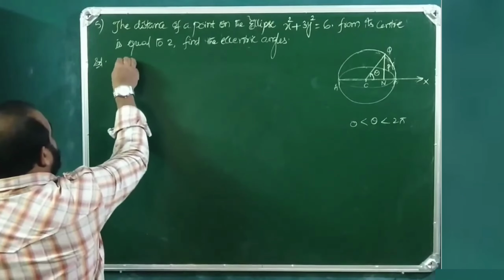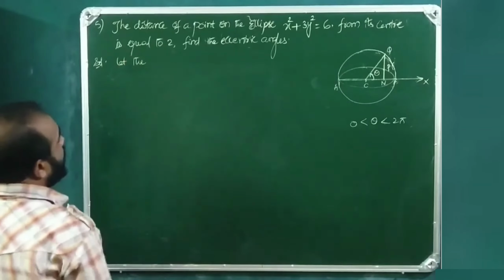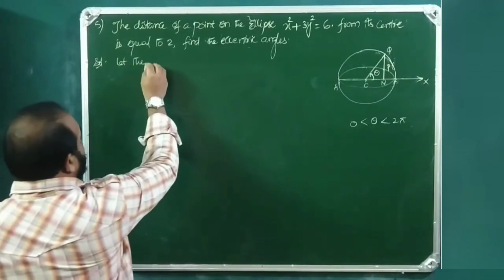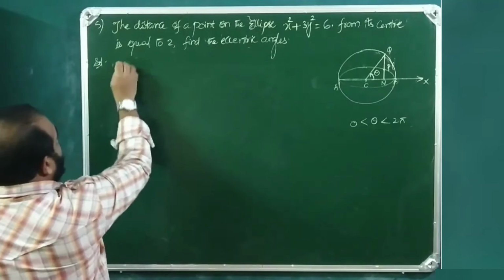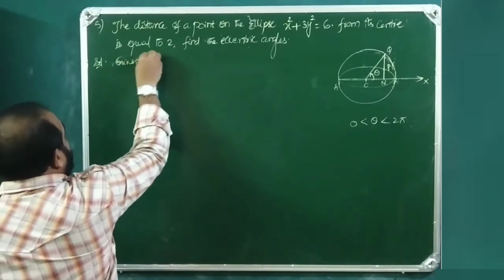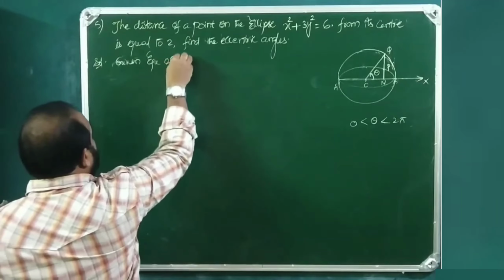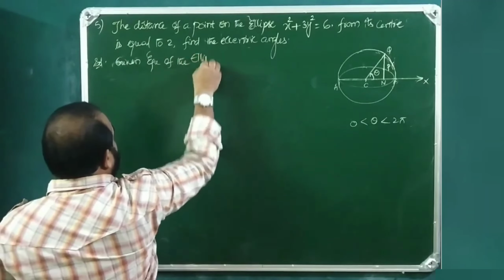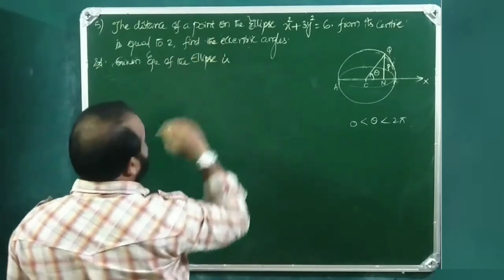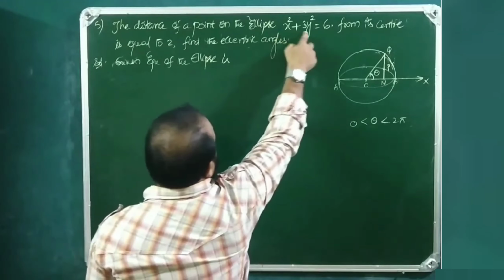So let the given equation of the ellipse be x square plus 3y square equals 6.